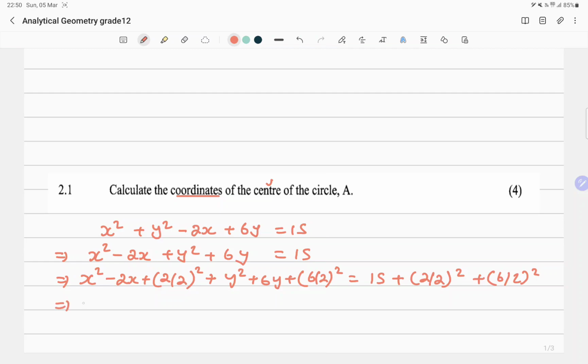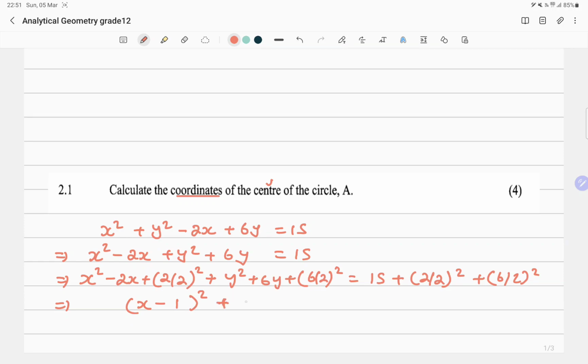Now we factorize. For x, we take what is under the square, which is x, take the original sign, and then take 2 divided by 2, which is 1, and we square everything.